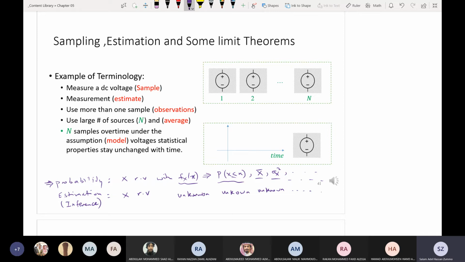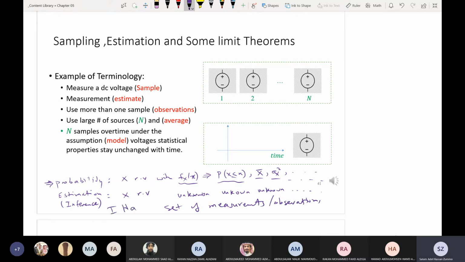تمام? What I have is a set of measurements, or observations. في كتب تسميها measurements, في كتب تسميها observations. This is what I have.